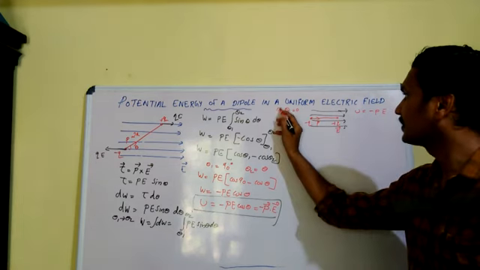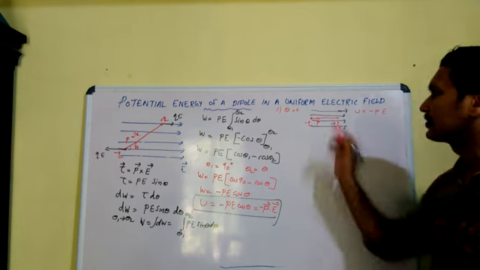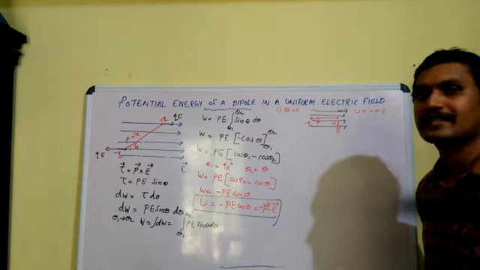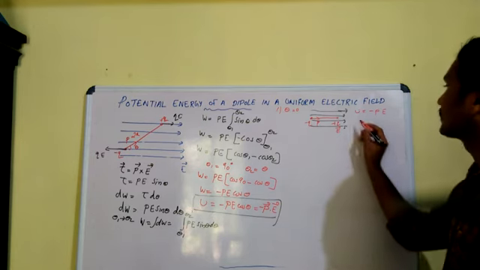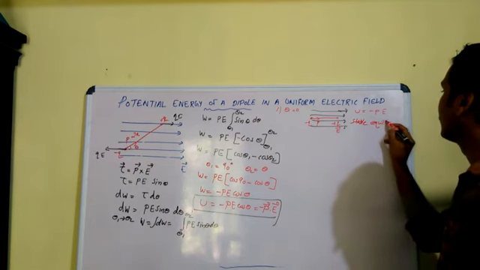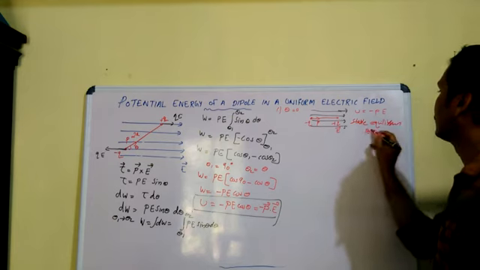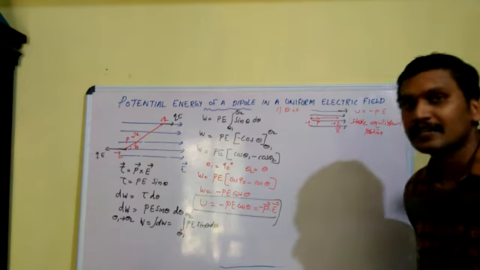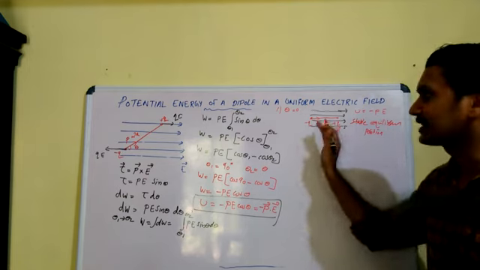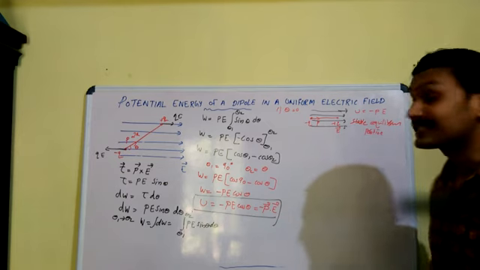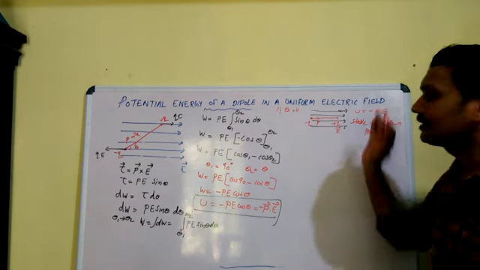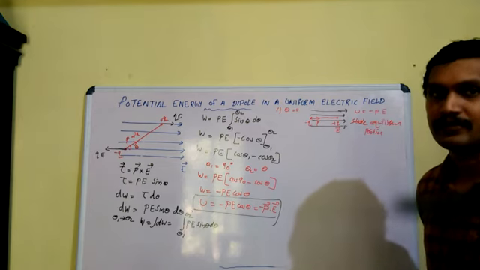So at theta equal to 0, the dipole has minimum potential energy, and we call this alignment stable equilibrium. We call it stable as its potential energy is minimum, and equilibrium because the net force acting on the dipole is 0. This is the stable equilibrium position of the electric dipole, where it is aligned parallel to the uniform electric field.